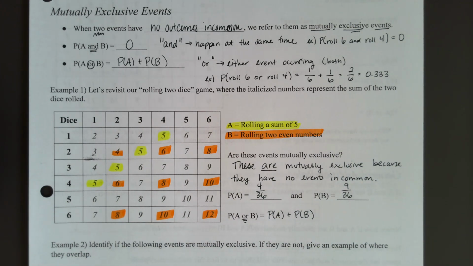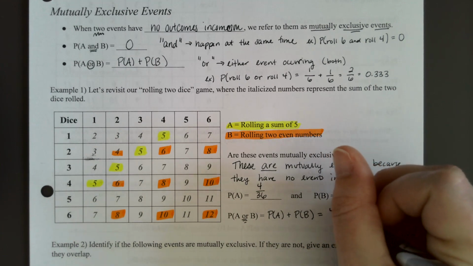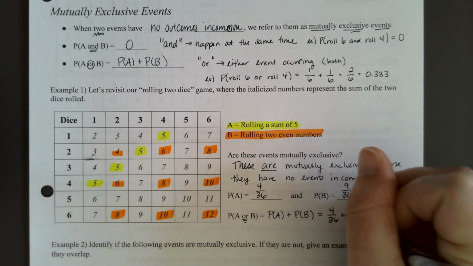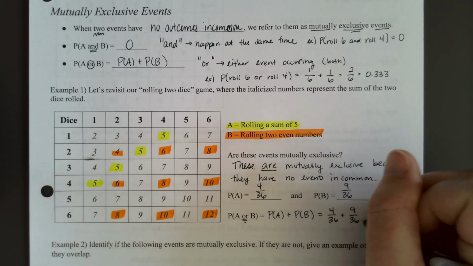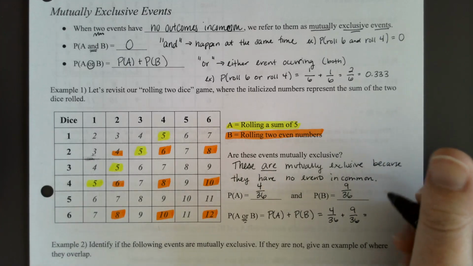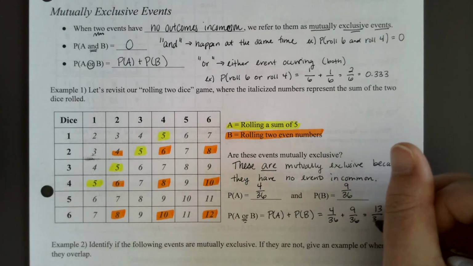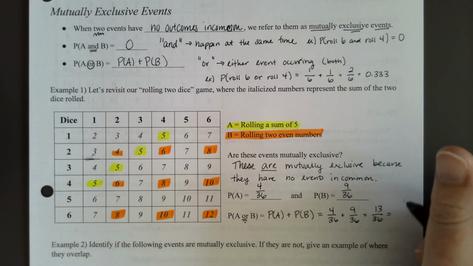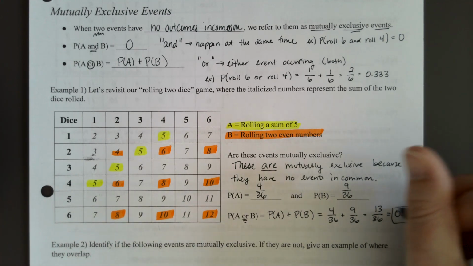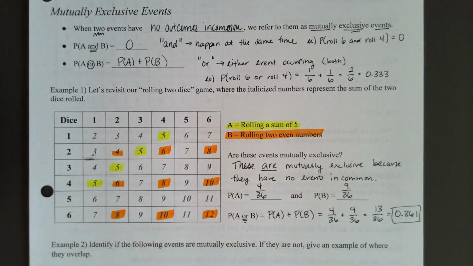I can either roll a sum of 5 or roll 2 even numbers, so I'm going to add those two probabilities together. 4 out of 36 plus 9 out of 36 gives me 13 out of the 36 possibilities, which gives me 0.361. That's my probability of rolling a sum of 5 or rolling 2 even numbers.